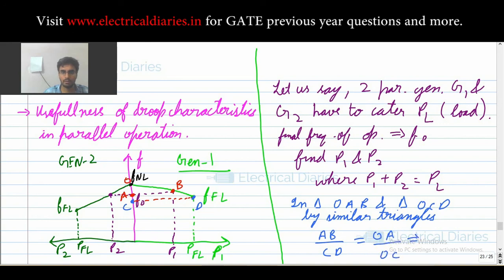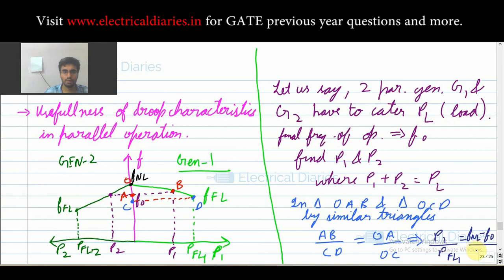AB is your P1, CD is your PFL, I will mark it as PFL1 and this will be PFL2. So P1 by PFL1 is equal to OA, which is FNL minus FO, that is frequency at no load minus operating frequency, divided by OC.